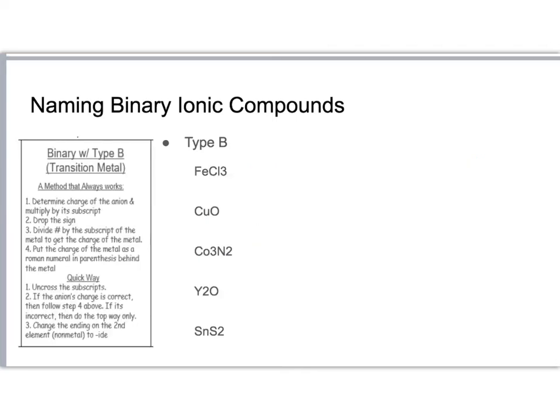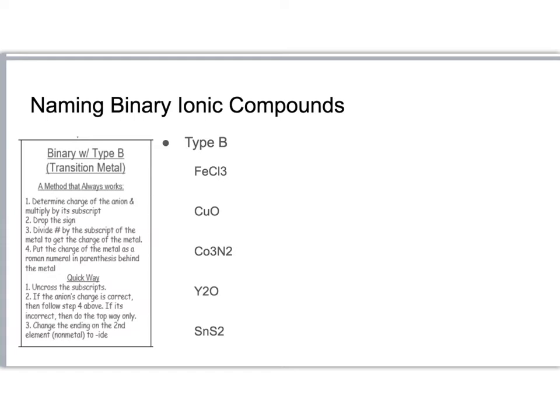In this section, we will also be naming binary ionic compounds, but this time we will be looking at compounds that have a type B metal. Recall that type B metals can form more than one charge when in ion form. We will assume that all transition elements, with the exception of zinc, cadmium, and silver, will be classified as type B metals.